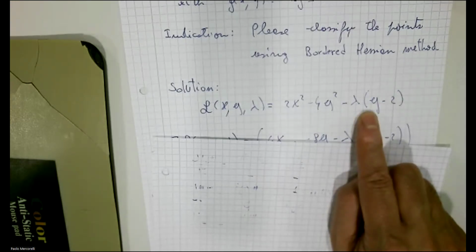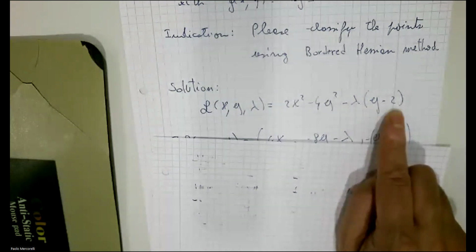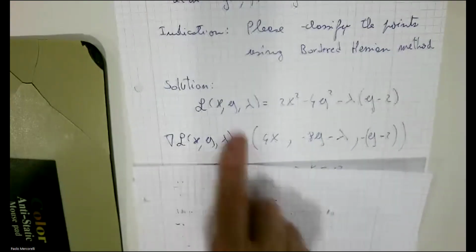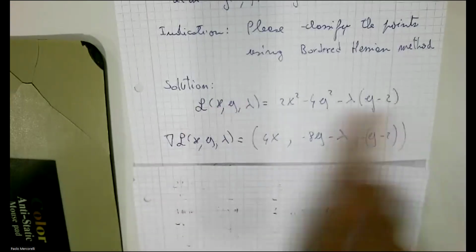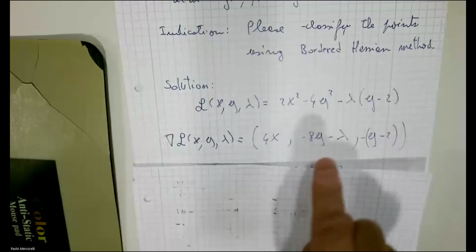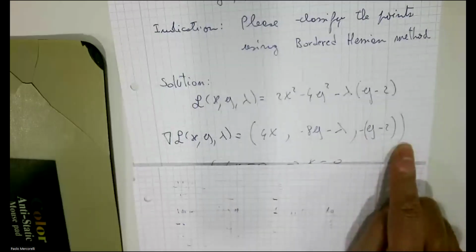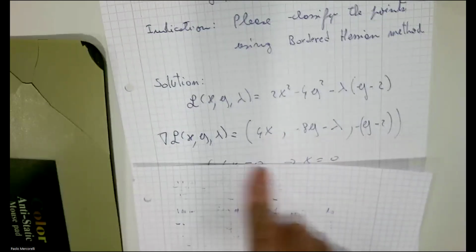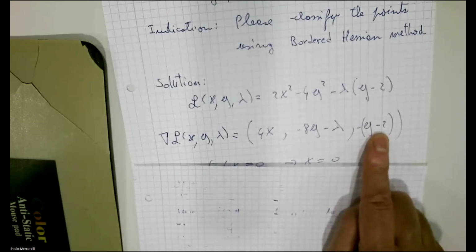It is g of y, in our case, in general of x and y, minus the constant. Now, in accordance with your question, you have to calculate the gradient of this expression with respect to x, y, and lambda. I don't know if this was your question. The gradient with respect to x, with respect to y, with respect to lambda.